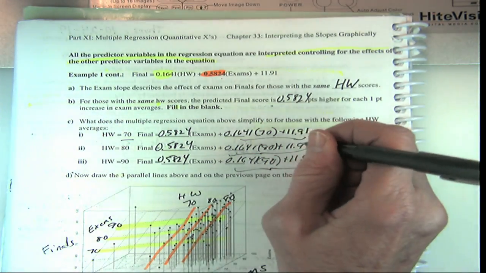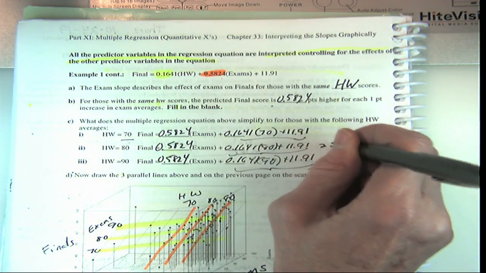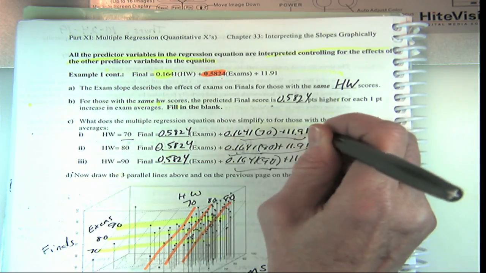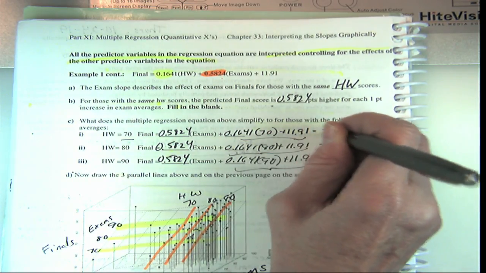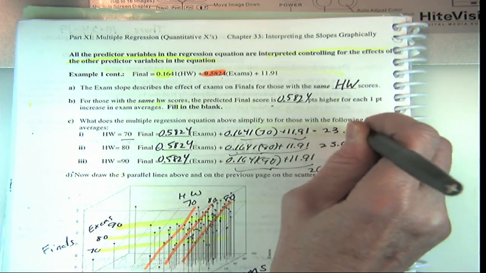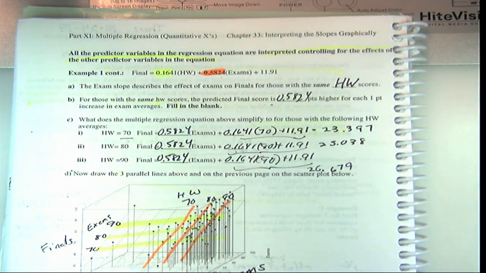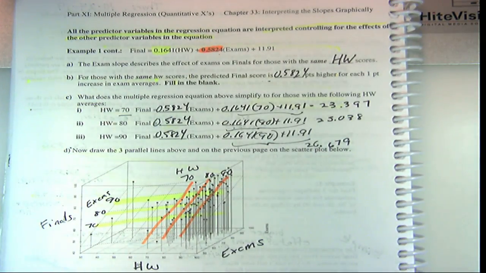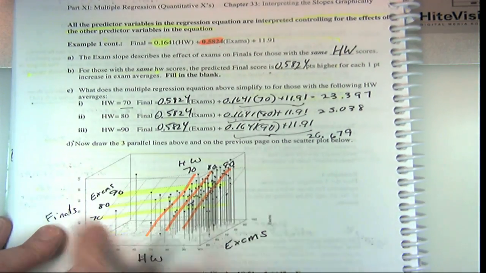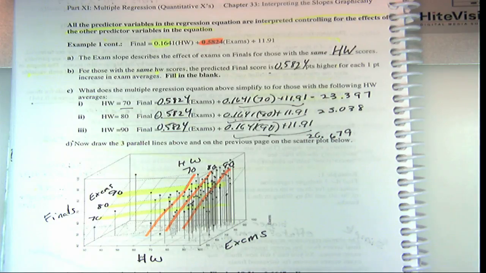So this goes to 25.038, and this is 23.397. Just about 1.5 points difference for a 10-point increase. Okay, that's the idea. Any questions on that? It's just arithmetic, and the important thing is I want you to get this visual here.